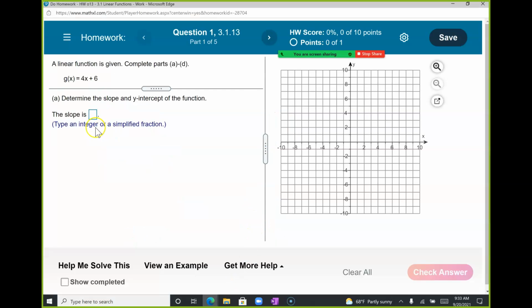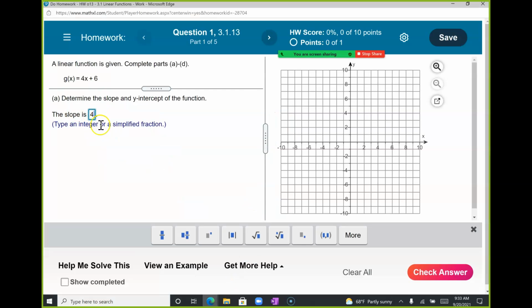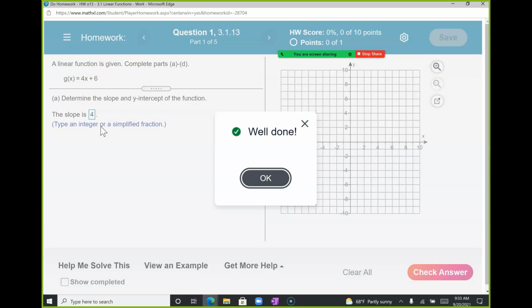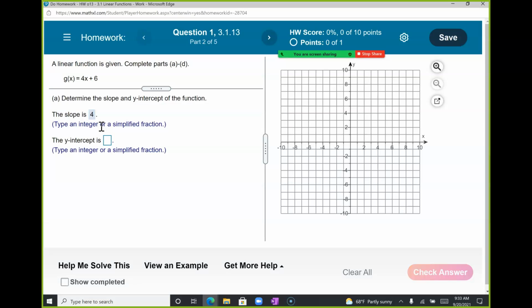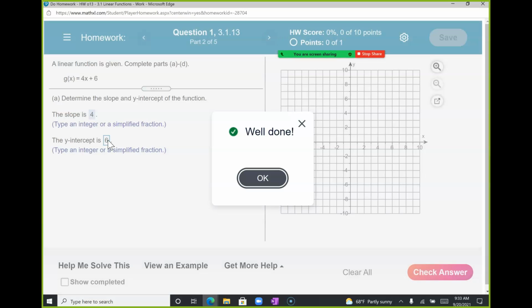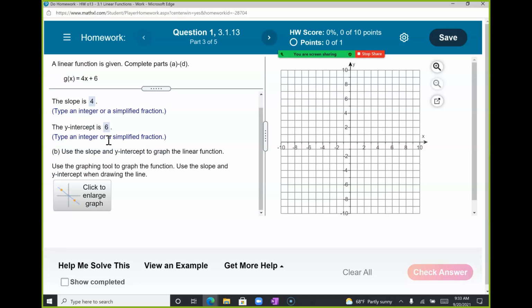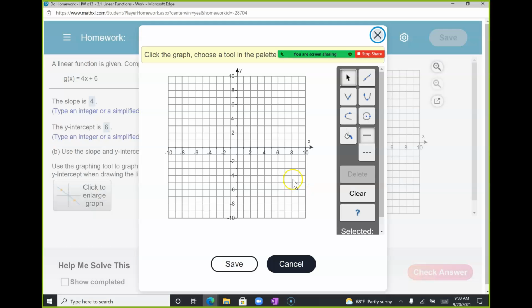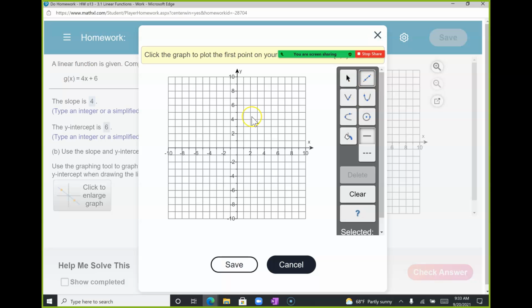So pretty simple. What's our slope here? 4. The y-intercept, it says type an integer, but that drives me crazy, but who cares? So 6. I say 0, 6. Graph the function. A nice way to graph this is I just have to pick 2 points on the line.